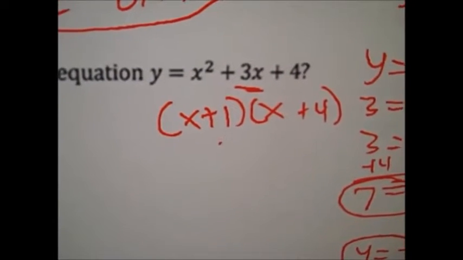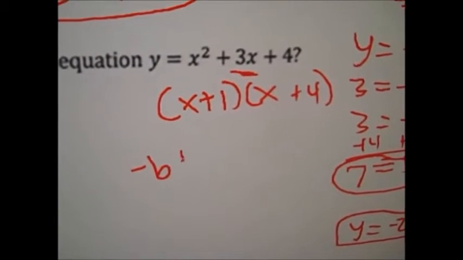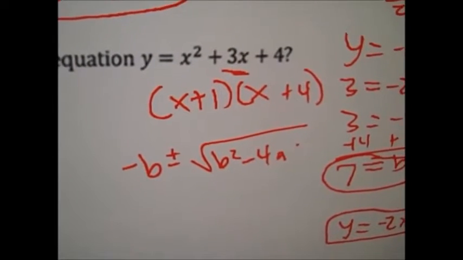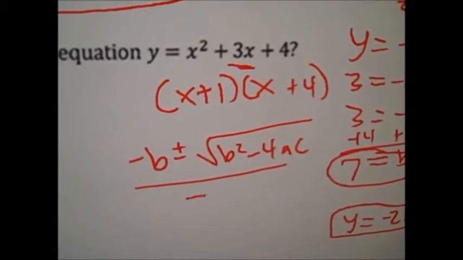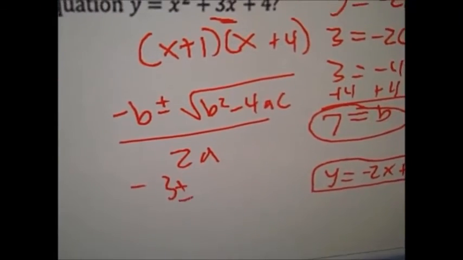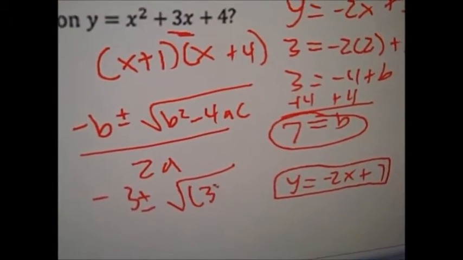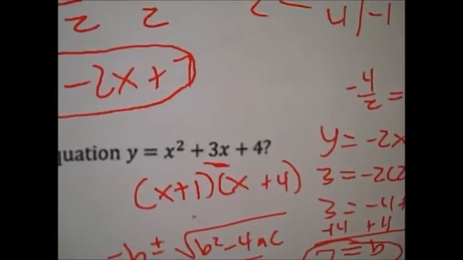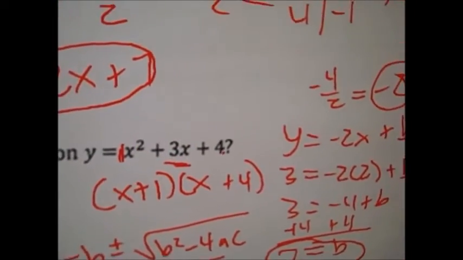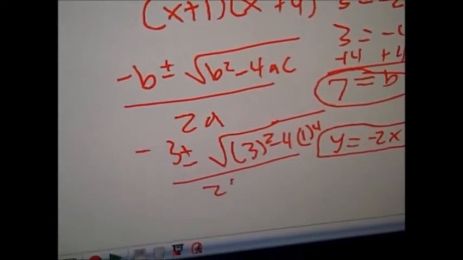So if I'm having trouble factoring, I can try the quadratic formula, which is negative b plus or minus the square root of b squared minus 4ac over 2a. b is 3, so it should be negative 3 plus or minus the square root of b again is 3 squared minus 4 times a is 1 right here, and then c is 4, over 2 times 1.